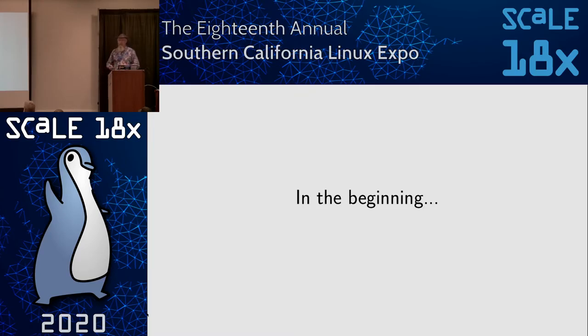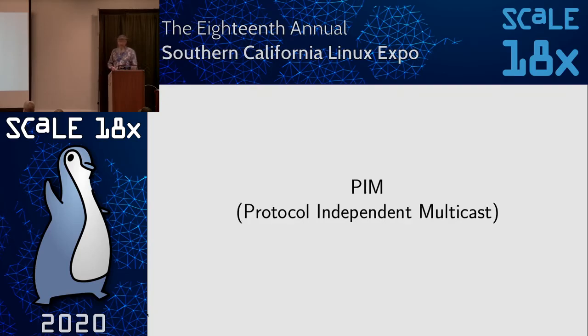Unfortunately, when the very first protocols were standardized in RFCs for multicast back in the IPv4 days, what they came up with was this, which is a very clever hack, but basically it's protocol independent multicast. What that means is that it doesn't matter which protocol you're using to sort out your unicast routing, we can make multicast work on top of that.